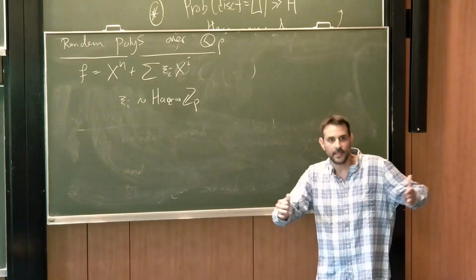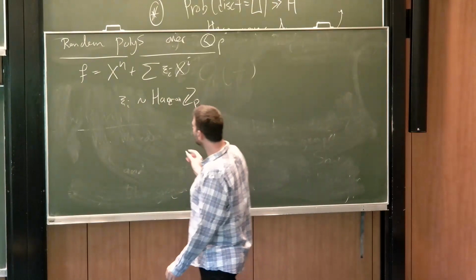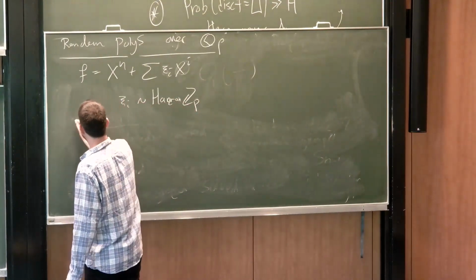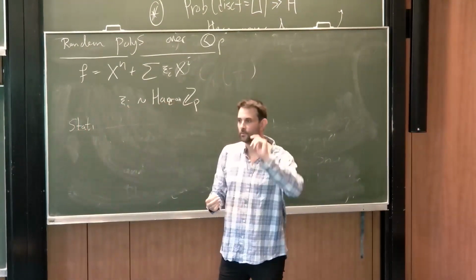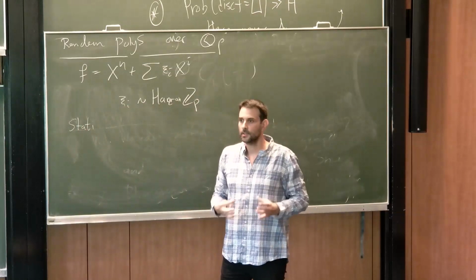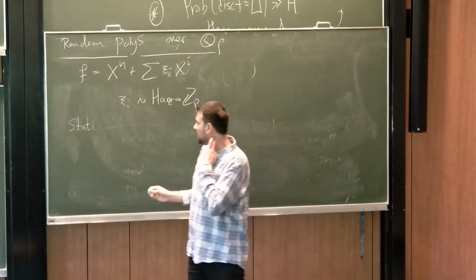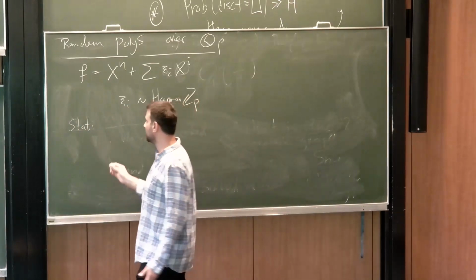We don't need to take larger boxes, we just take the Haar measure. Polynomials over the p-adics do not necessarily tend to be irreducible. They can factor in all kinds of ways with positive probabilities. So let me talk about a different statistic that is related, just because I don't have time.